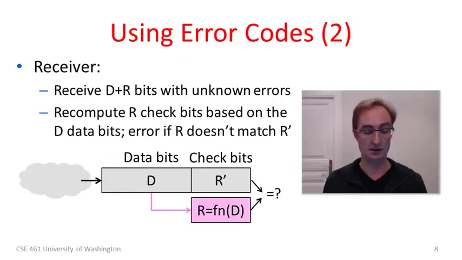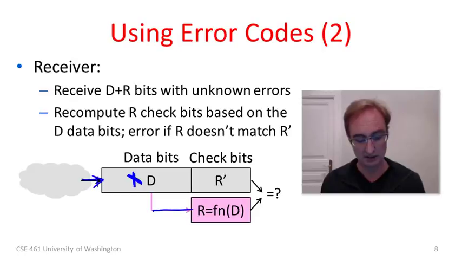On the other side, the receiver will receive from the network this package of D plus R bits. There could be errors in these bits. Let's just say there's an error in the data here, maybe I'll do an X in the data. What the receiver will do is take the data bits and recompute the check bits from that data.